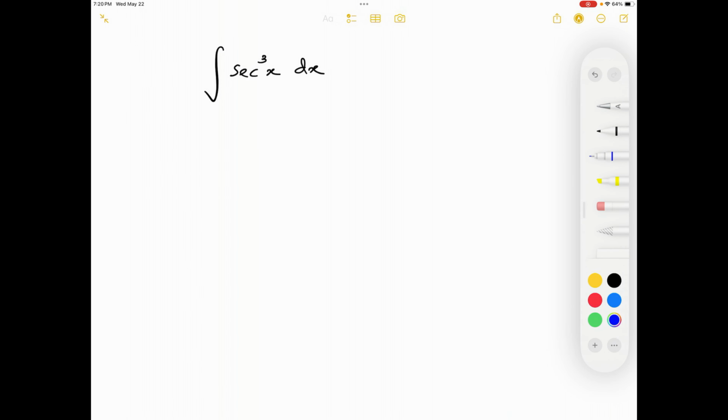I'm going to label this integration as integral I. What we are going to do next is split secant cubed x into secant squared x times secant x dx. And after that, we need to use integration by parts.